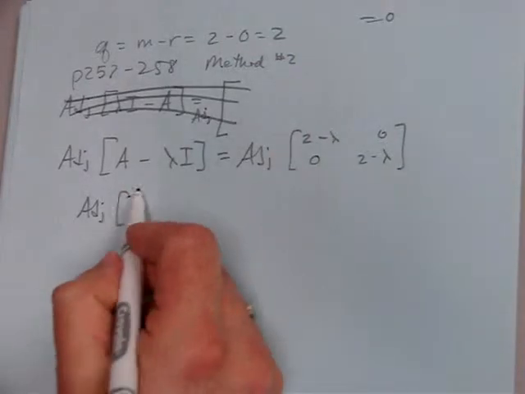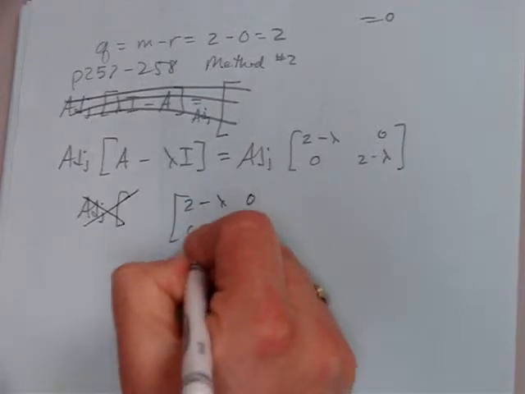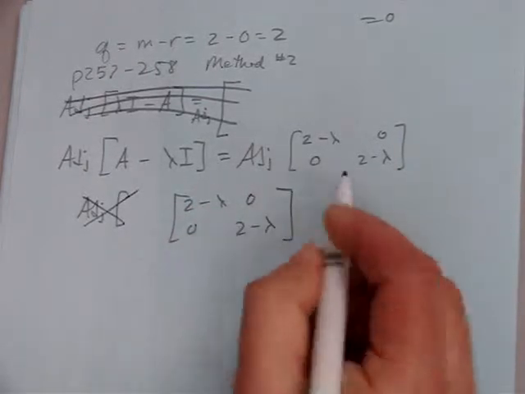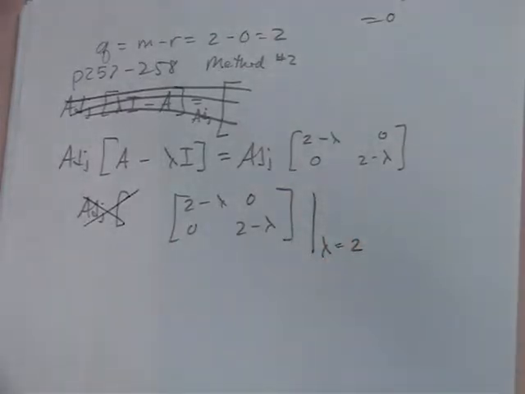The adjoint and the matrix are just the same. So we evaluate it at the eigenvalue, and when we do this, we get the 0 matrix. So the first way of using this method would be to take a column and insert the eigenvalue, but we don't get any eigenvectors from doing that.